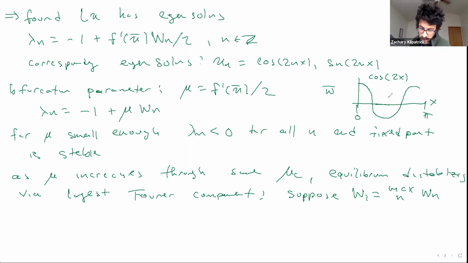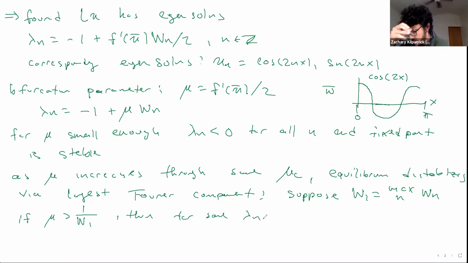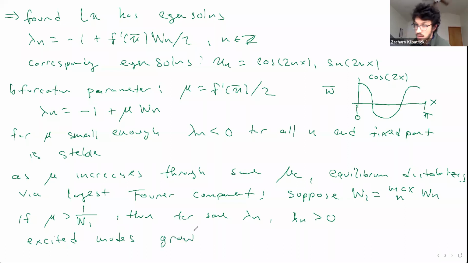And so the idea then is that if lambda is greater than 1 over W1, okay, then for some lambda n, we have that lambda n is greater than 0, okay, and the excited modes grow, okay?